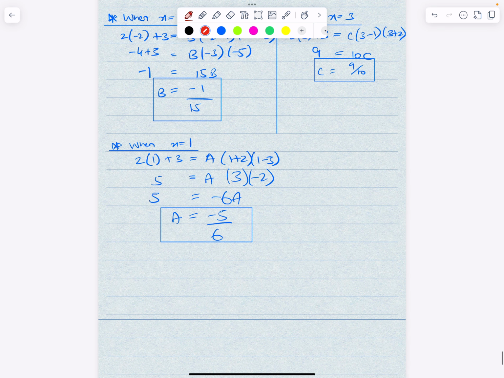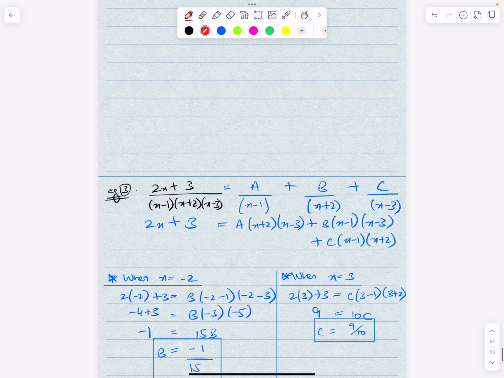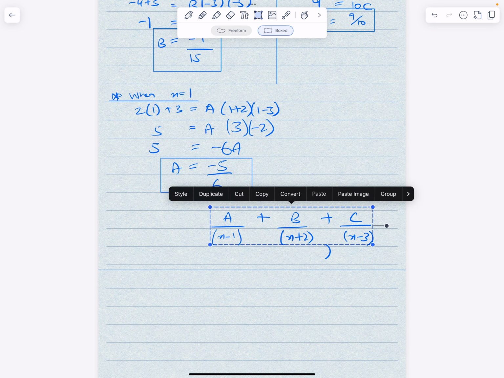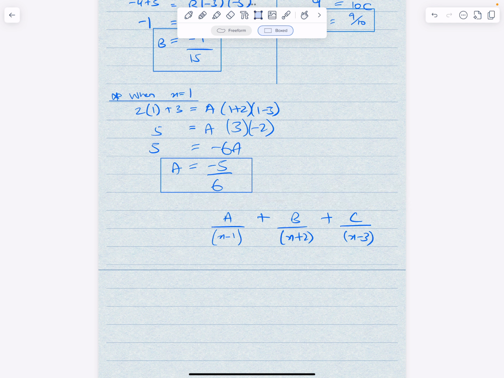And then I'll have to leave my answer as partial fractions again. So I'll copy this. So my final answer would turn out to be something like this. Just a second. So I have minus 5 over 6.